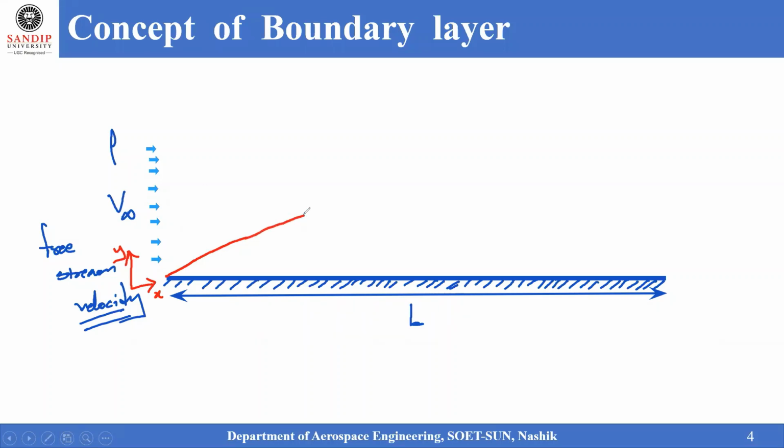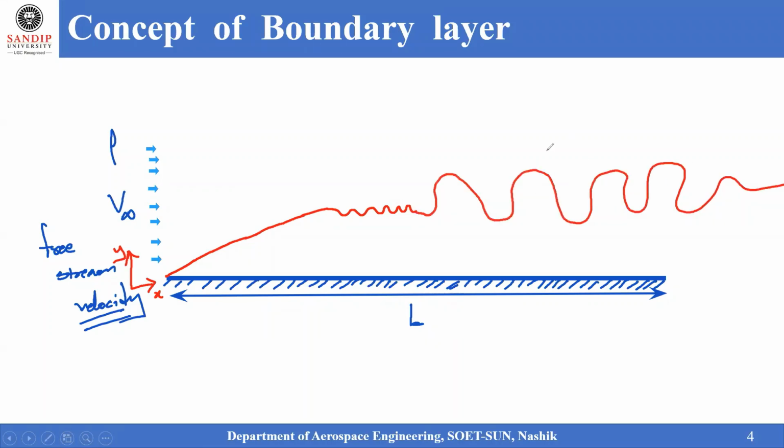After that, a slight disturbance comes into the fluid flow, thereafter the disturbance increases, and the complete fluid flow becomes zigzag in manner.